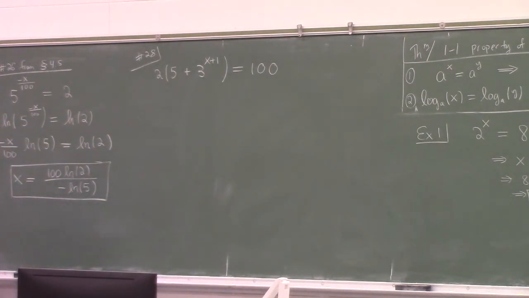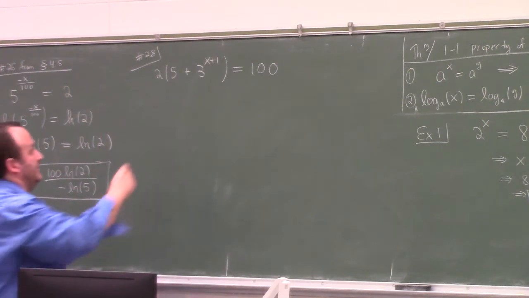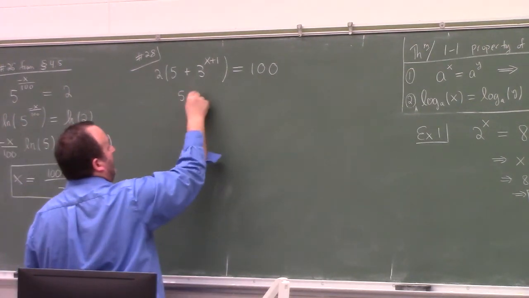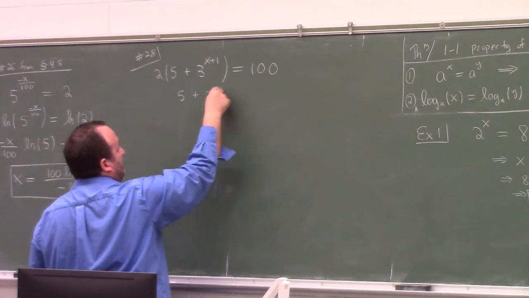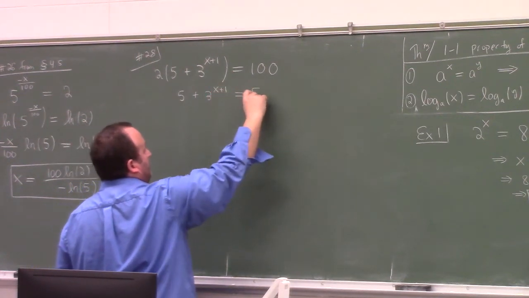So divide by 2, I like that. Divide by 2 gives me 5 plus 3 to the x plus 1 equals 50.